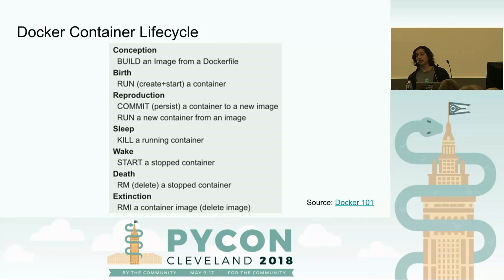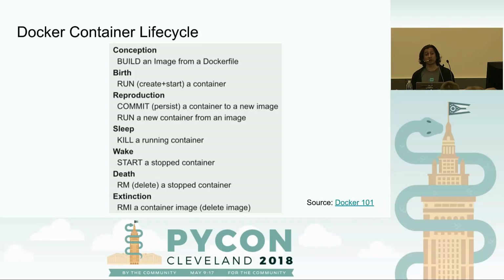Let's walk through the Docker container lifecycle one more time, just to make sure we understand all of these concepts. We have a Dockerfile, and then we'll use docker build to build our image from that file. We can create a container using docker run. We can also kill a running container using docker kill container name, which sends a SIGKILL to the process running inside of that container.